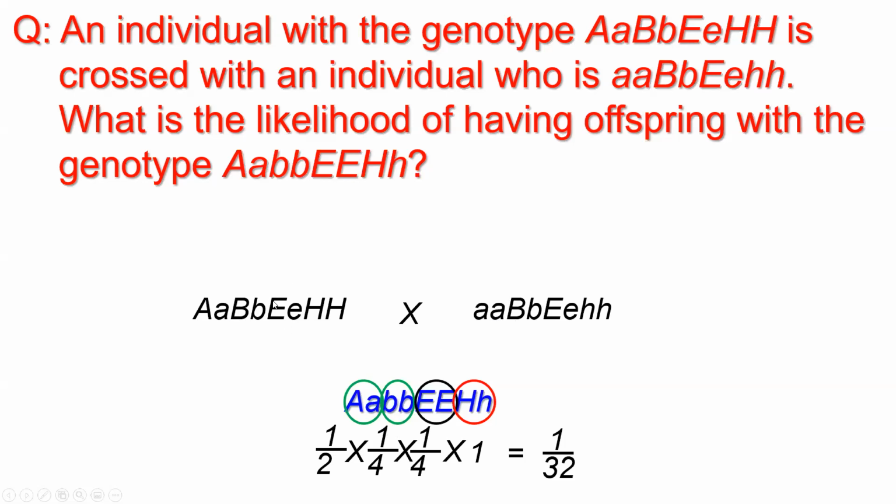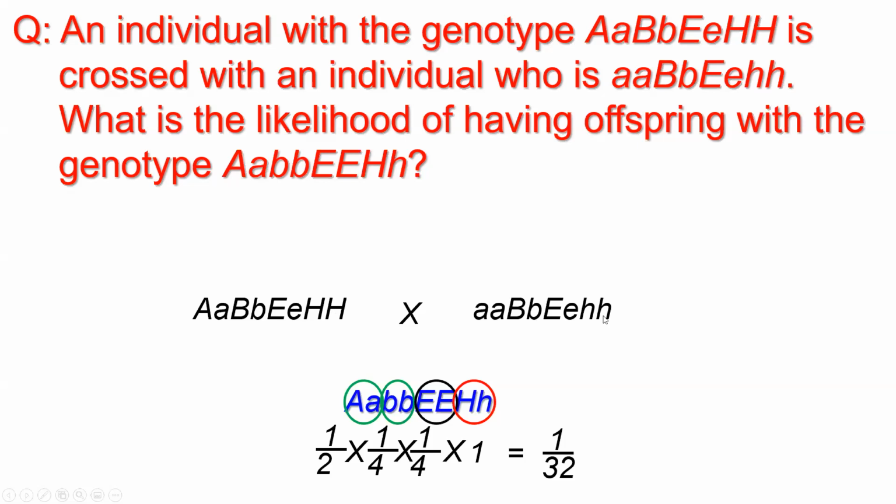Do the same for the third gene, E capital, E capital. What is the chance to get those two from a cross like this? Again, that will be another 25%, because E capital, E capital is okay, but E capital, E small, no. E small, E capital, no. E small, E small, no. So we have only 25% to show E capital, E capital, which is a fourth. Finally, what is the possibility to get H capital, H small from this kind of cross?